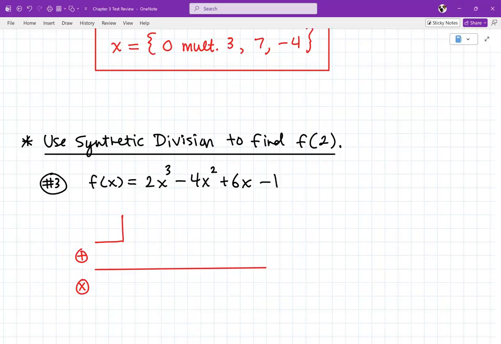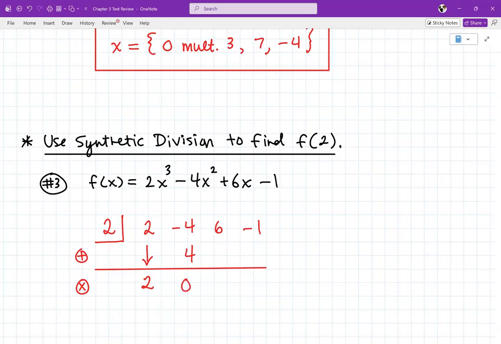That number goes here, not the opposite of it. Okay? And then I'm going to list my coefficients. My coefficients are a 2, -4, 6, -1. Remember, all they want to know is what is my remainder, right? Plug it in, do the work. What's your remainder? So we're going to drop the 2. 2 times 2 is 4.